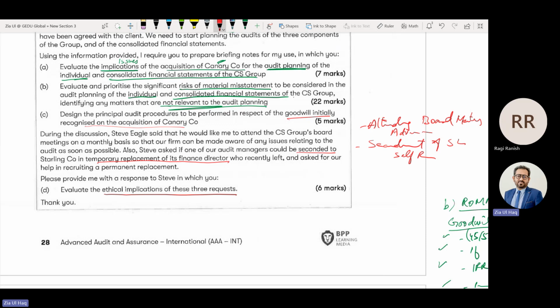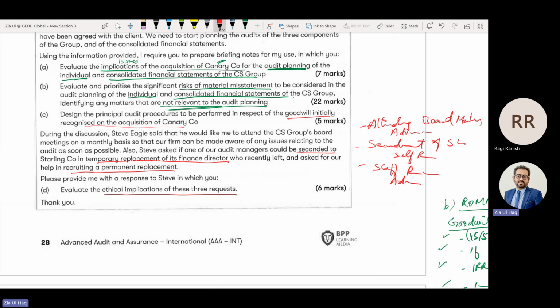So if we are having separate staff, we can perform these kinds of services through Chinese walls. And he recently left and asked for our help in recruitment of a permanent replacement. Client staff recruitment. If we are involved in staff recruitment, again advocacy threat.